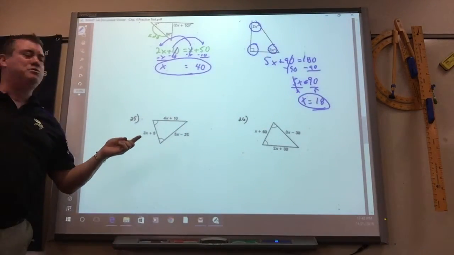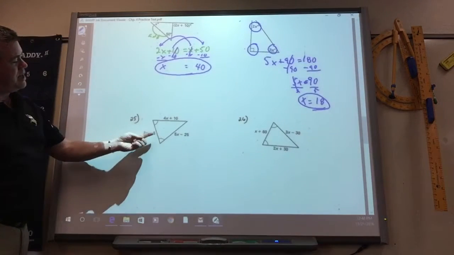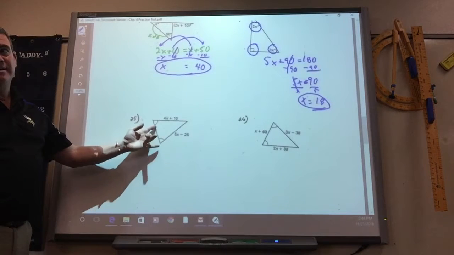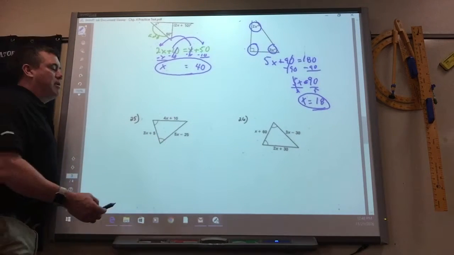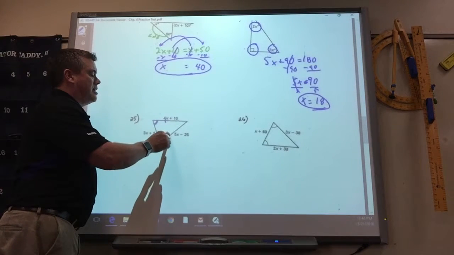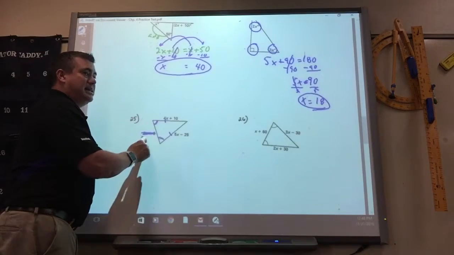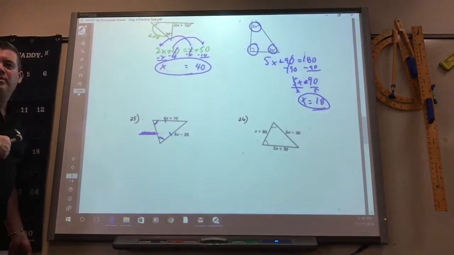Another thing that confuses people is there's extra information in here you don't need. What kind of triangle is this? Isosceles and acute. But remember, if it's isosceles, if these two angles are the same, these two sides are the same, which means you don't even need that. That's just thrown in there to mess you up.